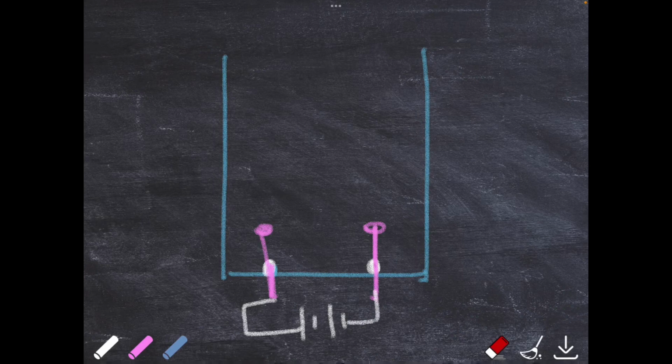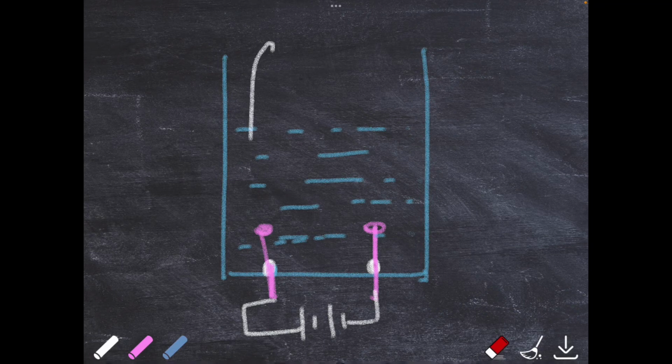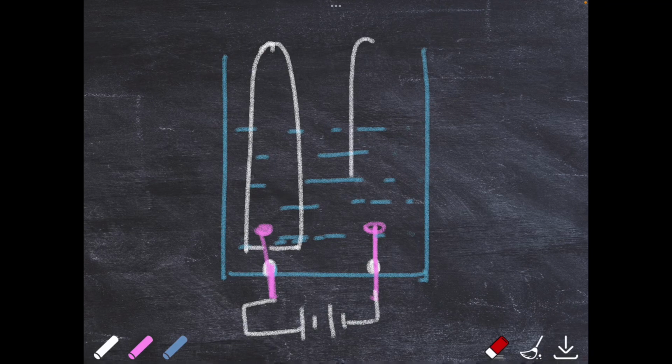Then add some water to it and invert two test tubes full of water over these nails which act as electrodes. Now this is the positive end, this is the negative end.